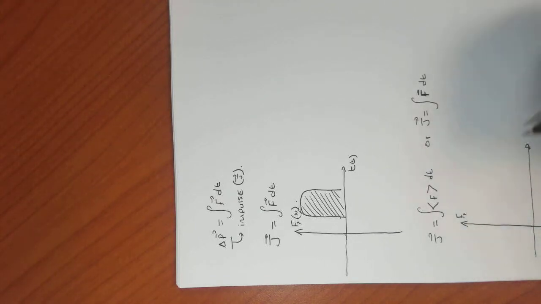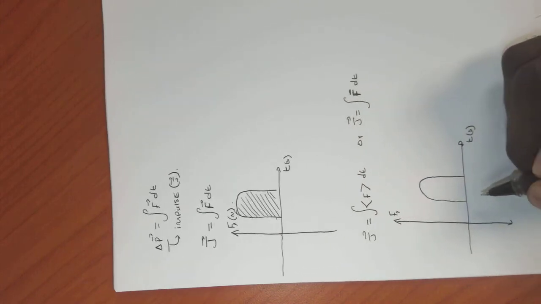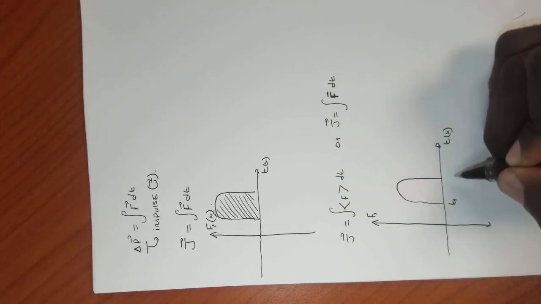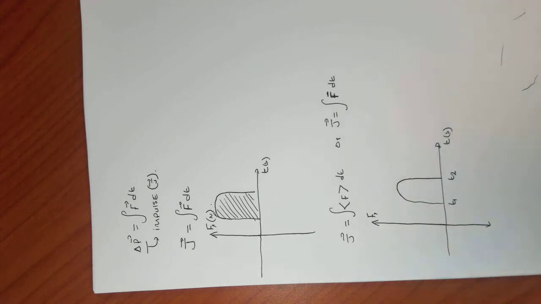You're applying this force at time t, at second. So you're having the very same distribution between T1 and T2.